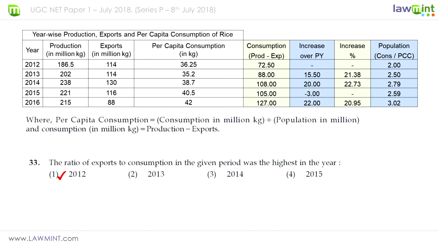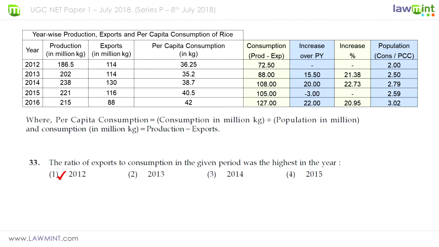Similarly, for 2015, the exports is at 116 million kgs, which is relatively close to 114 million kgs in 2013 and 2012. Therefore, even here we can safely discard this year, because it is only the consumption which has increased drastically, and we'll need to look at the year with the lowest consumption between 2012, 13 and 15.